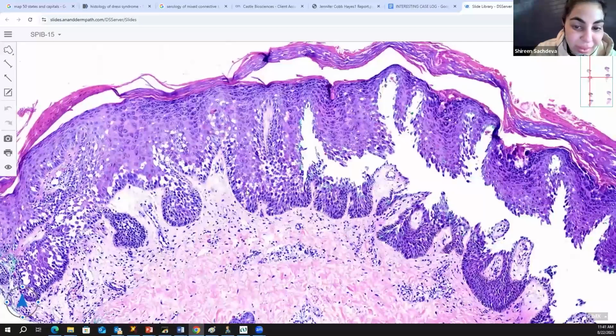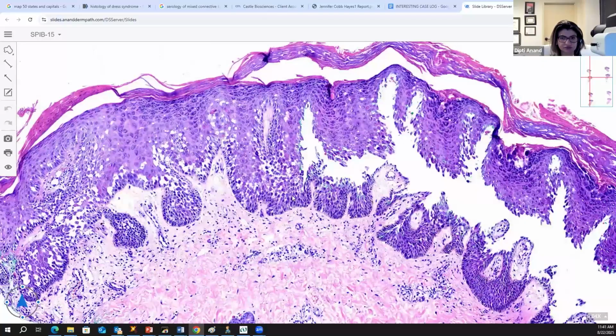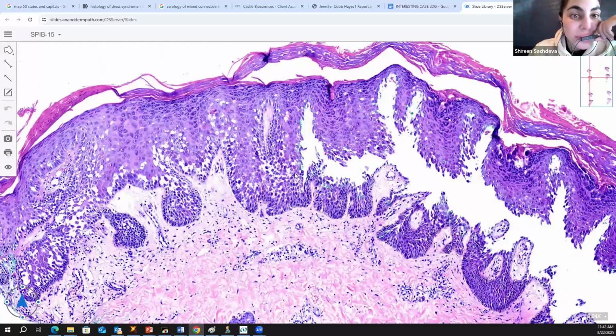So I think this gets Hailey-Hailey. Sorry. All right, so I see widespread, incomplete acantholysis involving a large part of the slide. There are a few dyskeratotic cells, but they're very minimal. And so I think this is probably consistent with Hailey-Hailey.